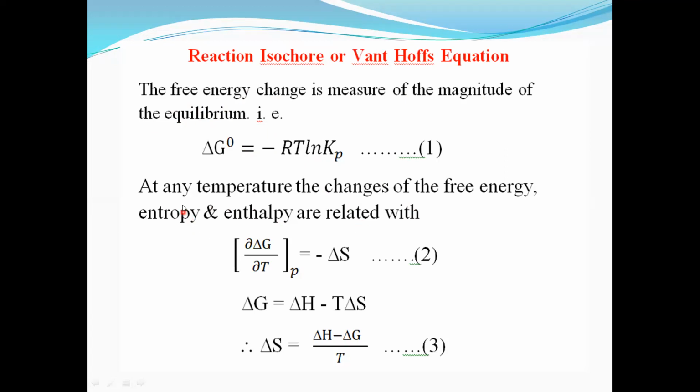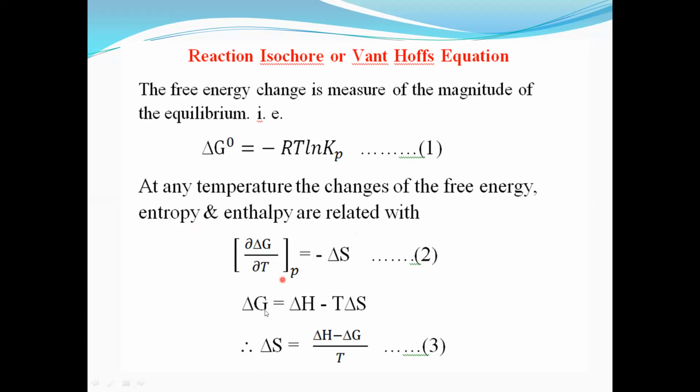The partial derivative of delta G with respect to T at constant pressure is equal to minus delta S. We call this equation number 2.